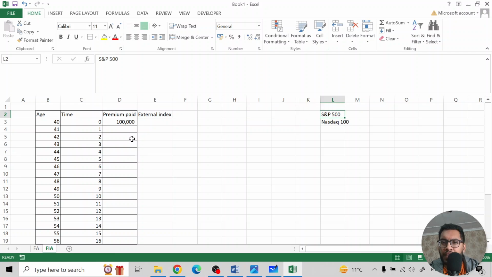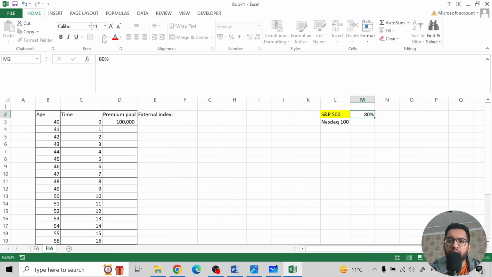For example, whatever return is generated by the S&P 500, as an insurer, I will provide you 80% of that gain.